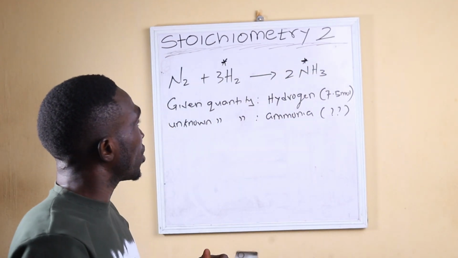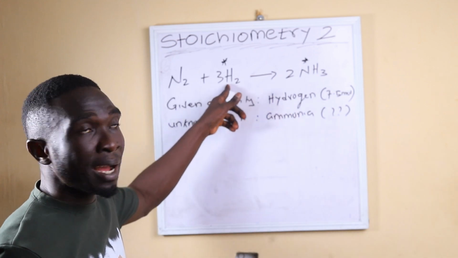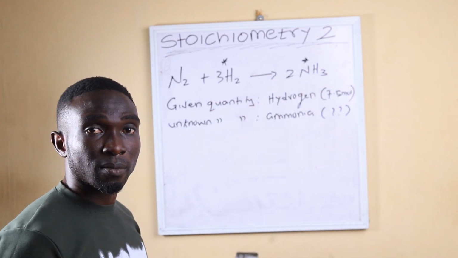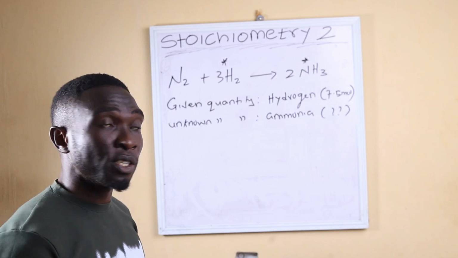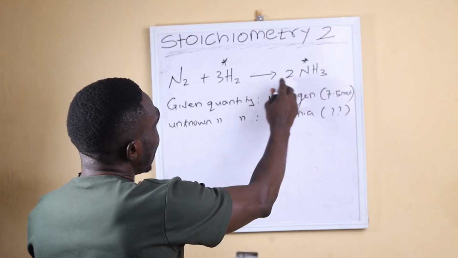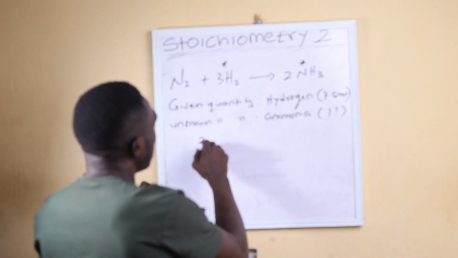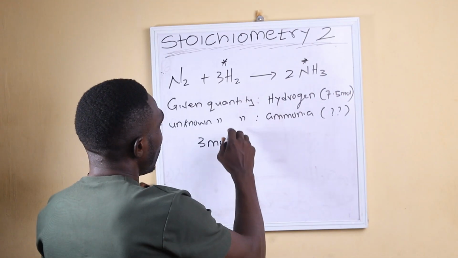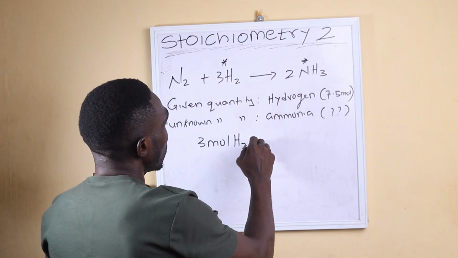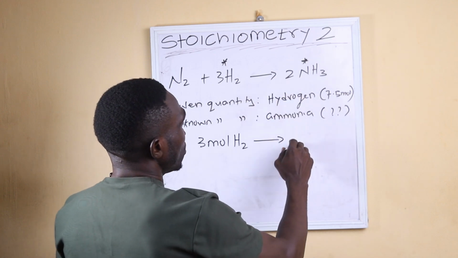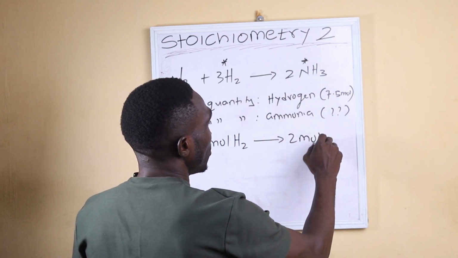We are only concerned about hydrogen gas and ammonia. Using molar interpretation, from the balanced equation, 3 moles of hydrogen will always produce 2 moles of ammonia.